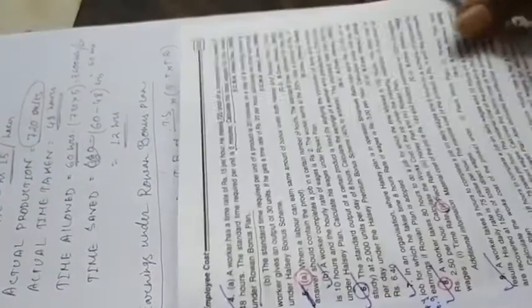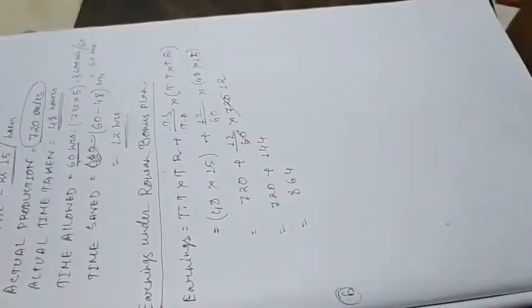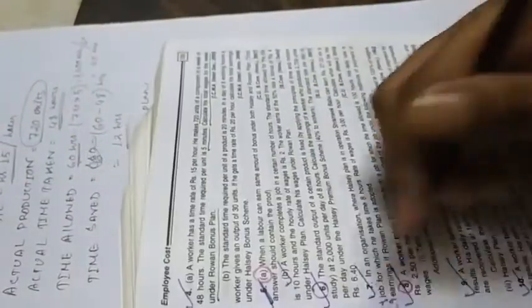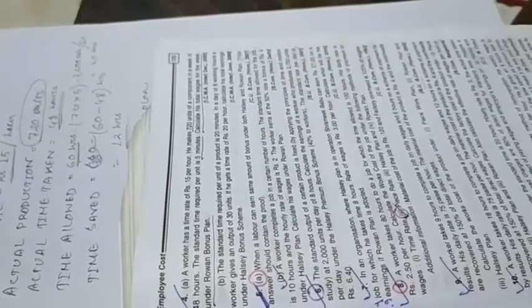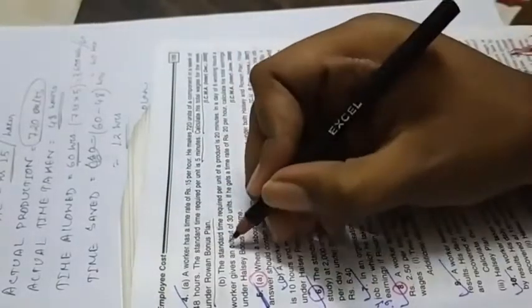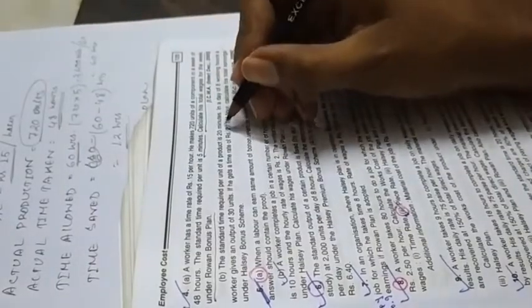If you have this book, then just check the correct answer in the answer script. Then we have to calculate problem number B, and the information given is that the standard time required per unit of a product is 20 minutes.